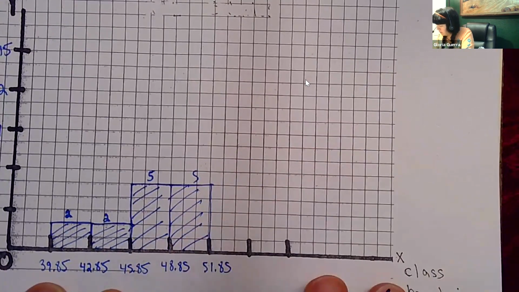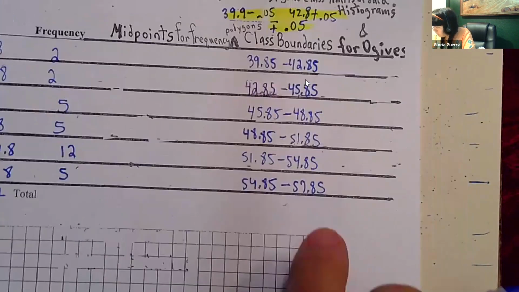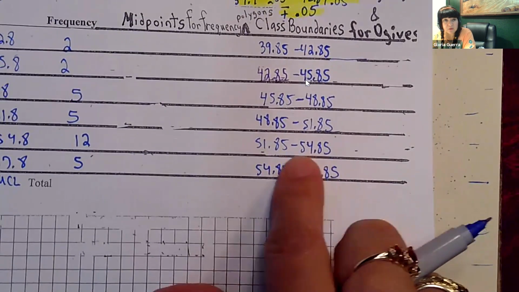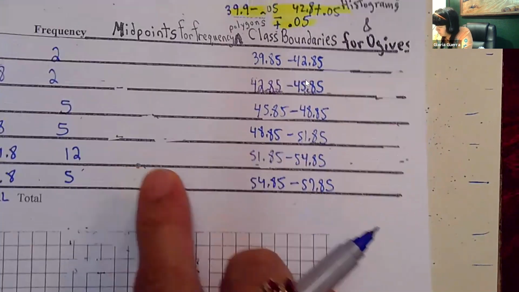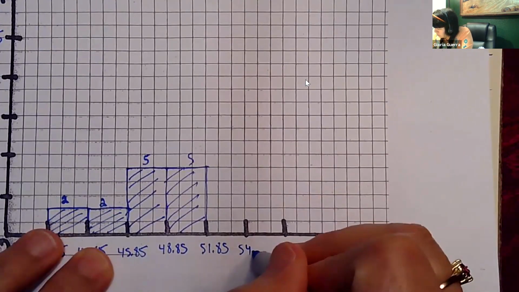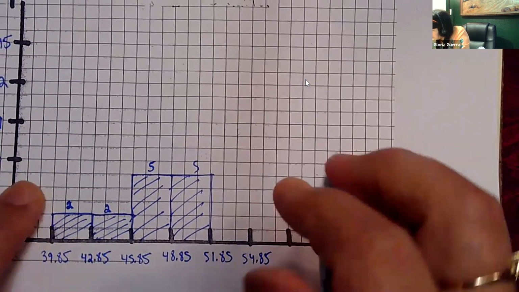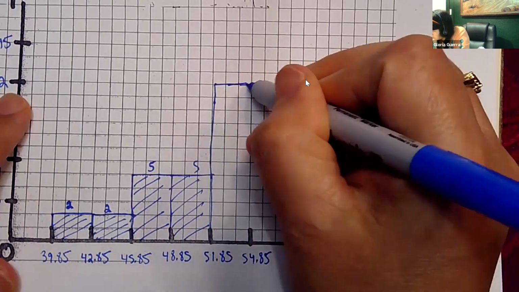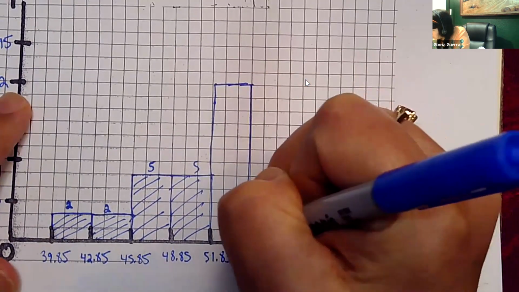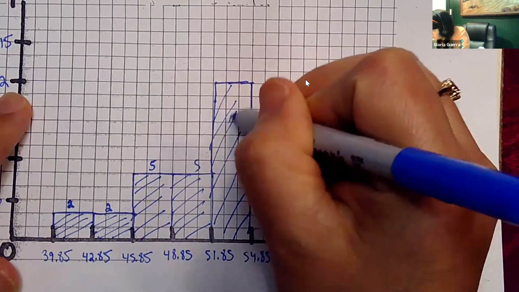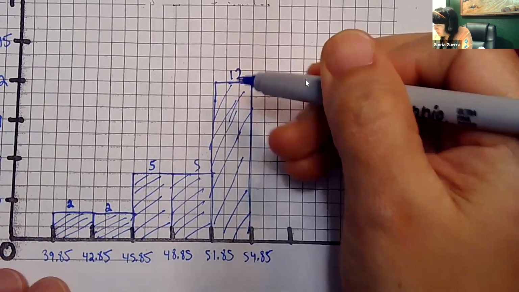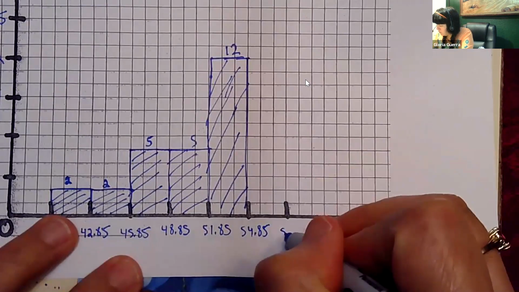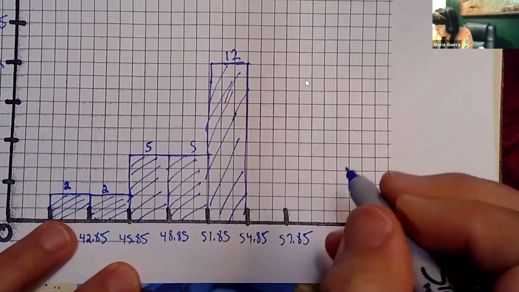And then after that, we have 51.85 to 54.85, and this is our peak at 12. And 12, let's see, goes up this way. And 12. Okay. And then the last class is 54.85 to 57.85. And that has a class frequency of 5.